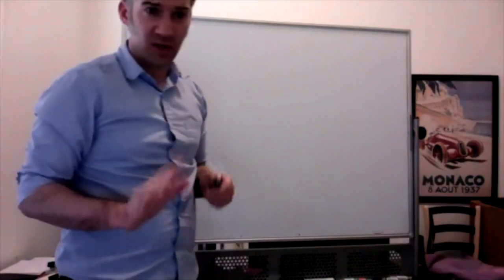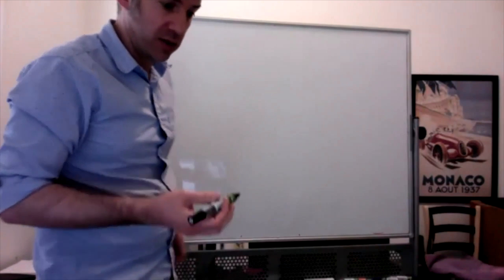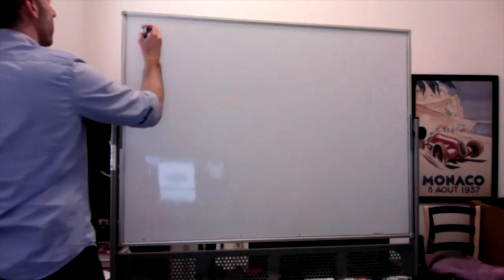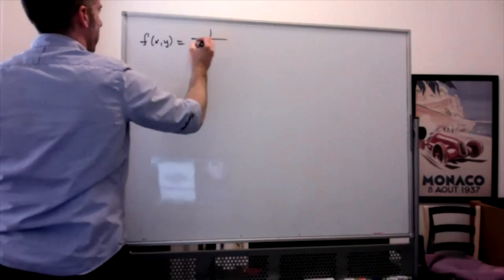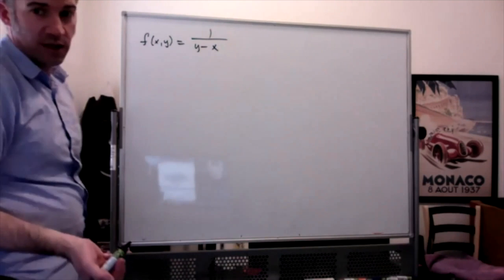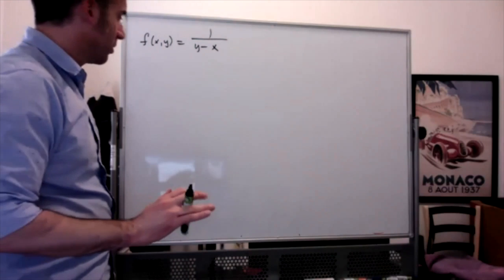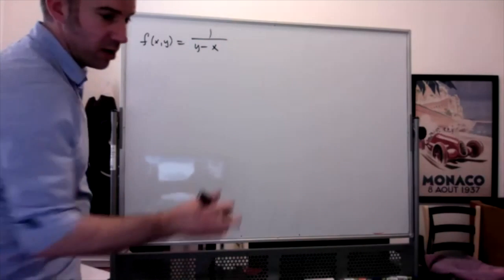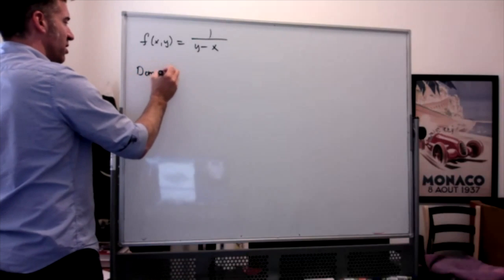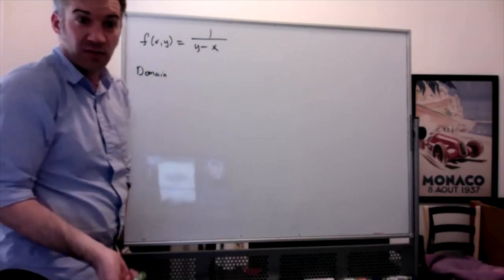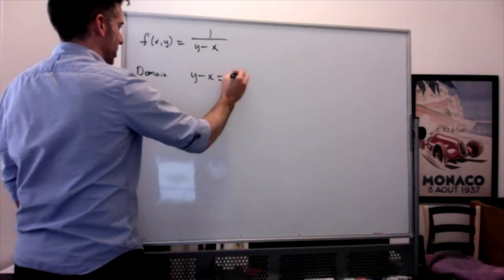A lot of them are going to have square roots or logarithms because those have natural domain exclusions. But let's look at something like f of x, y equals 1 over y minus x. Let's just stick to domain and range for now. We'll come back and do a few more level curves later. For the domain, I can't have division by 0, so I can't have y minus x equal to 0.